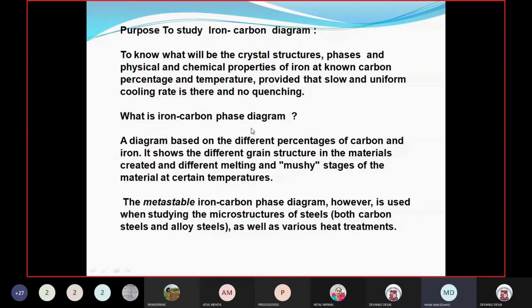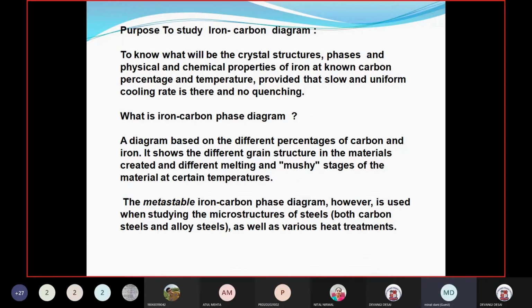It is because of what phase is present in the material in our body. If that phase is strong then you perform strongly, if that phase is weak you perform weakly. So you can distinguish mechanical properties even in the human body.